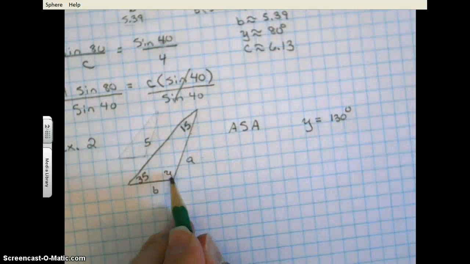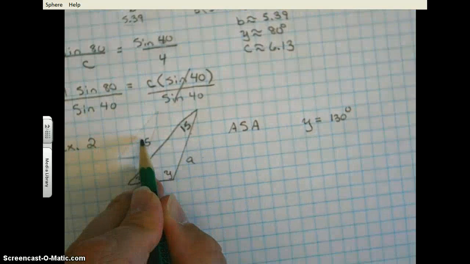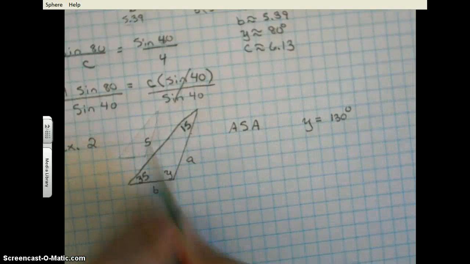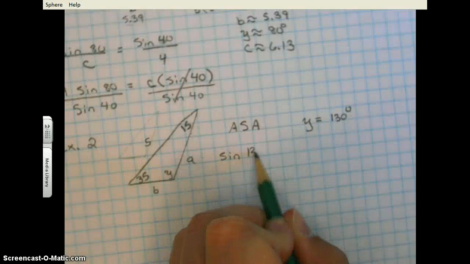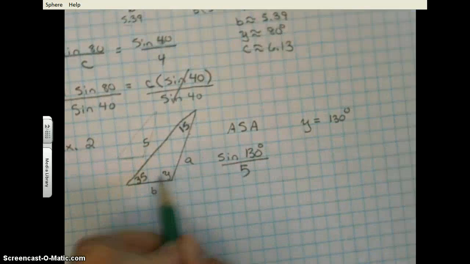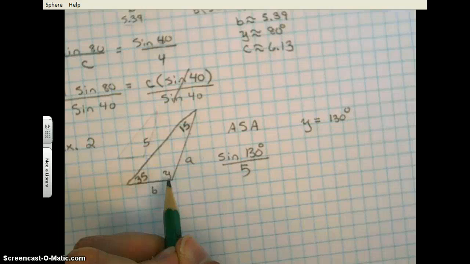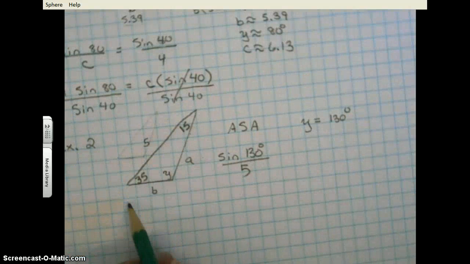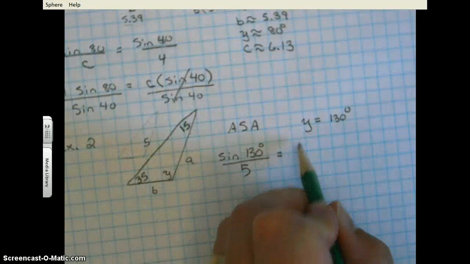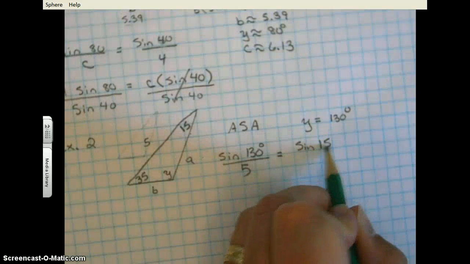So now that I know an angle and its opposite side, I can set up the proportion. So we're going to have the sine of 130 over 5, these two. And if I want to find b, then I'm going to use these two, the sine of 15 over b.